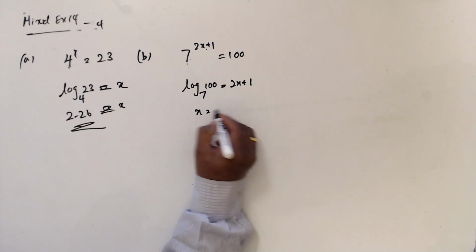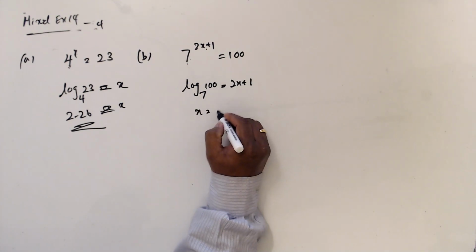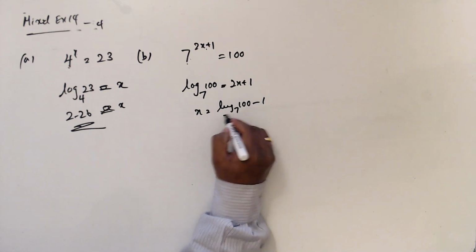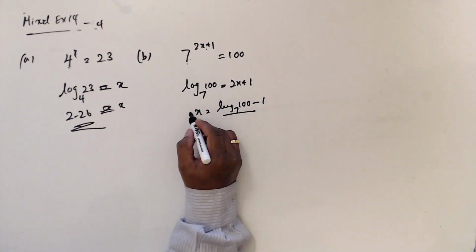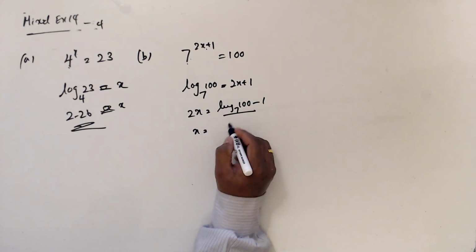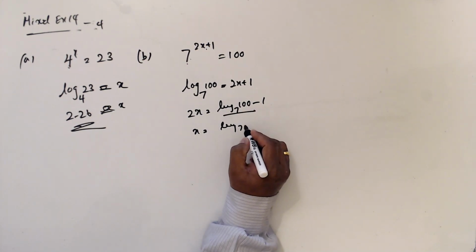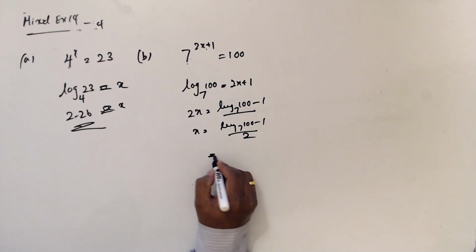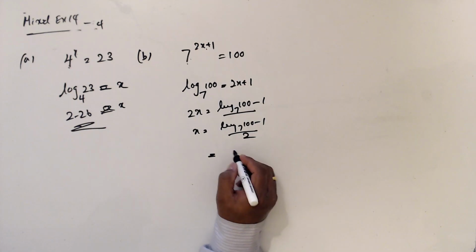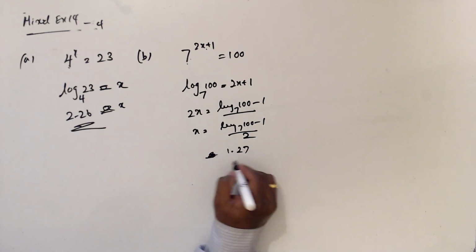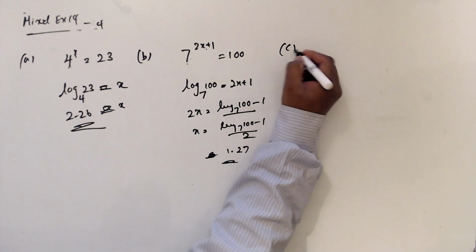So x equals log 7 base 100 plus 1 becomes minus 1 and this is 2x. Okay, then x equals log 7 base 100 minus 1 divided by 2. You will get the answer as 1.27 approximately.